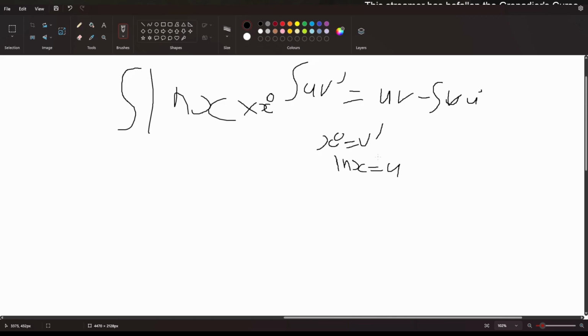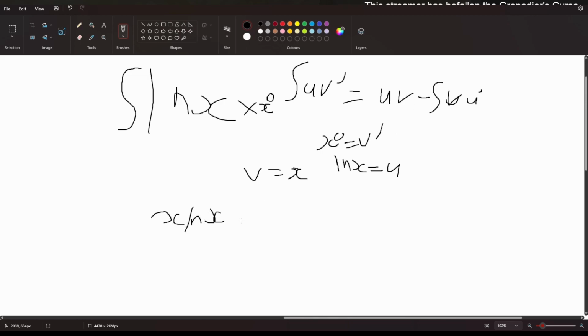Add 1 to the power, divide by the power. 0 plus 1, that's 1. Divided by 1, that's 1. V equals x. You chuck it all in your formula. You've got your x ln x, right?